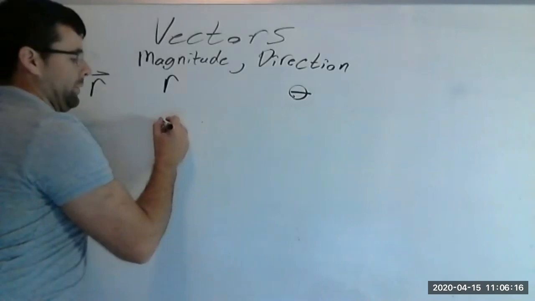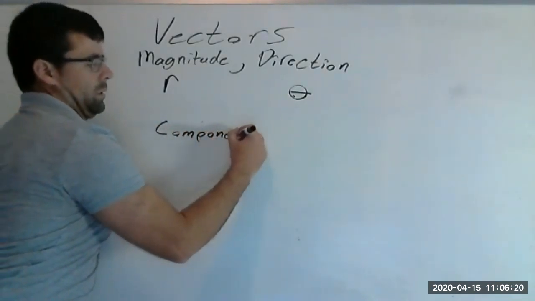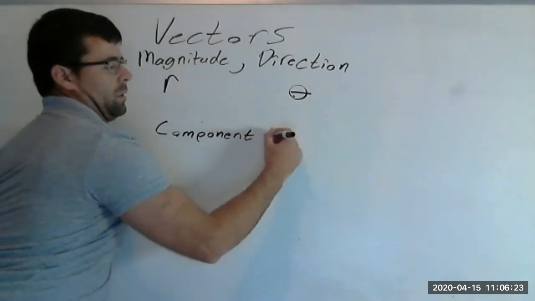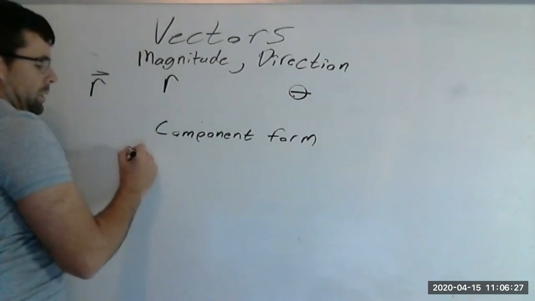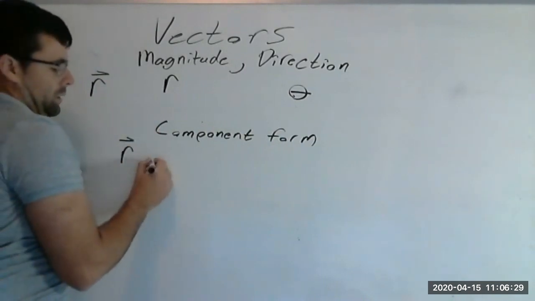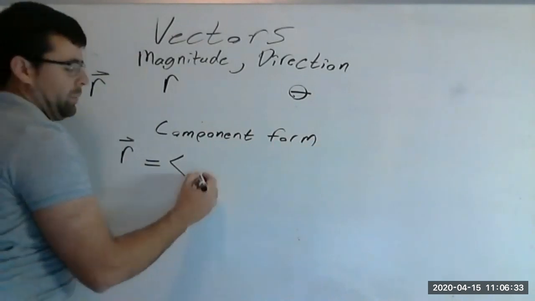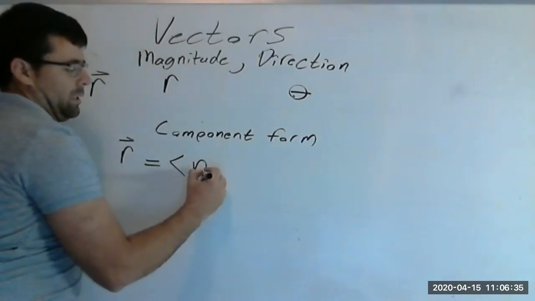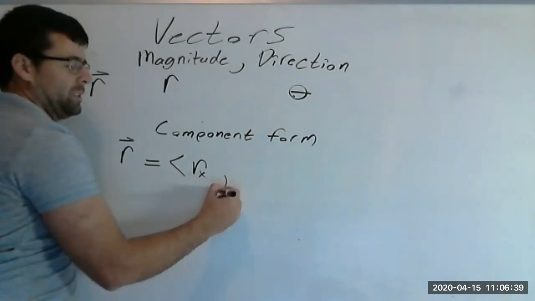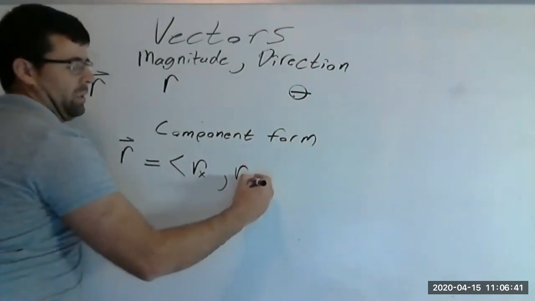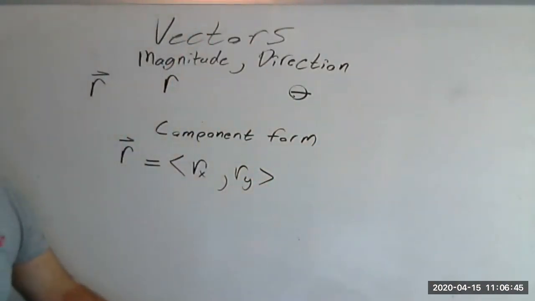But we also talked about the component form, where R is equal to, we'll get this funky looking bracket, Rx, with a little x, means the x component, Ry, with a little y, is the y component.